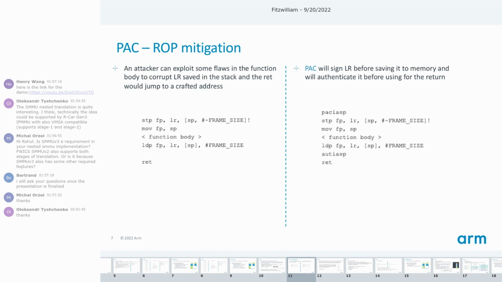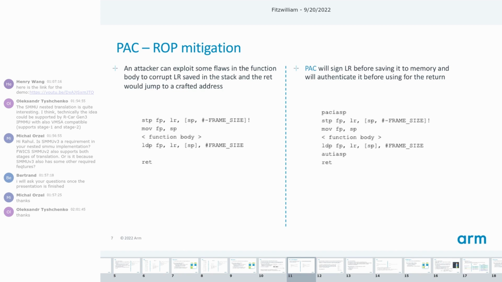So we can use pointer authentication to sign the address before storing it to memory, and just before returning we can authenticate it, and if it was modified we can raise an exception, or we can make the address illegal so that the following return will throw a different kind of exception.